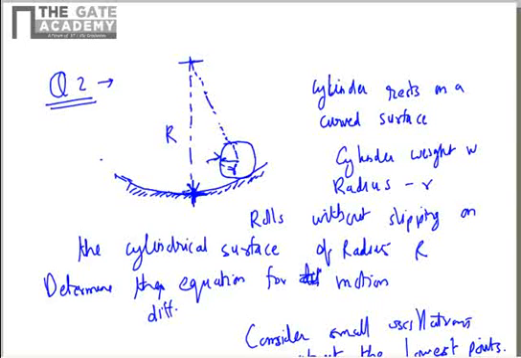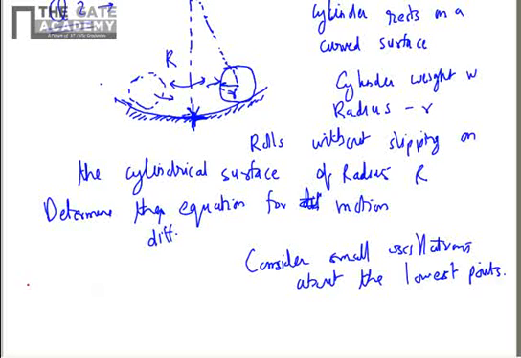It will try to roll and come back to its original position, but it will overshoot and go to the other side, and then it will again try to come back, and the oscillating motion of the cylinder will set up. This oscillating cylinder motion is similar to vibration. There is a restoring force, there is a displacement, acceleration is opposite to displacement, it's trying to come to a mean position. So the theory of vibration applies here, and we will use the knowledge that we have gained till now for solving this problem.